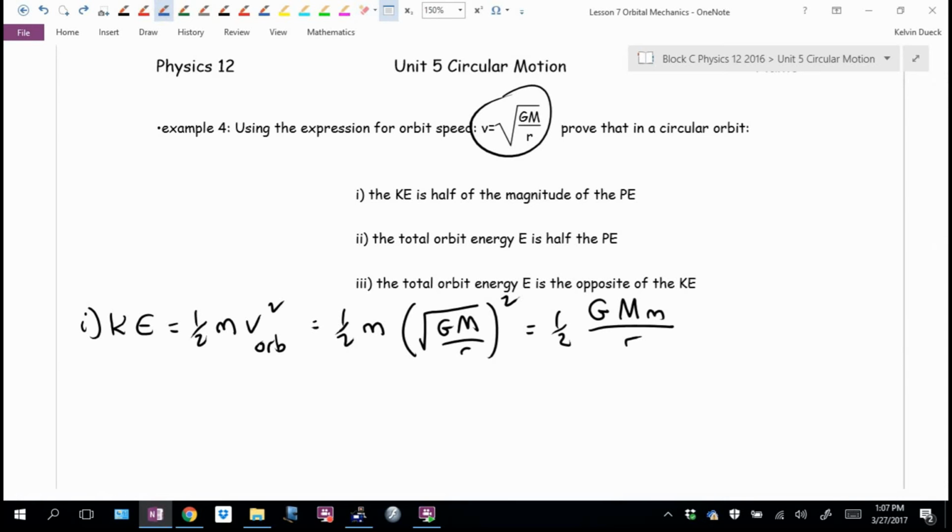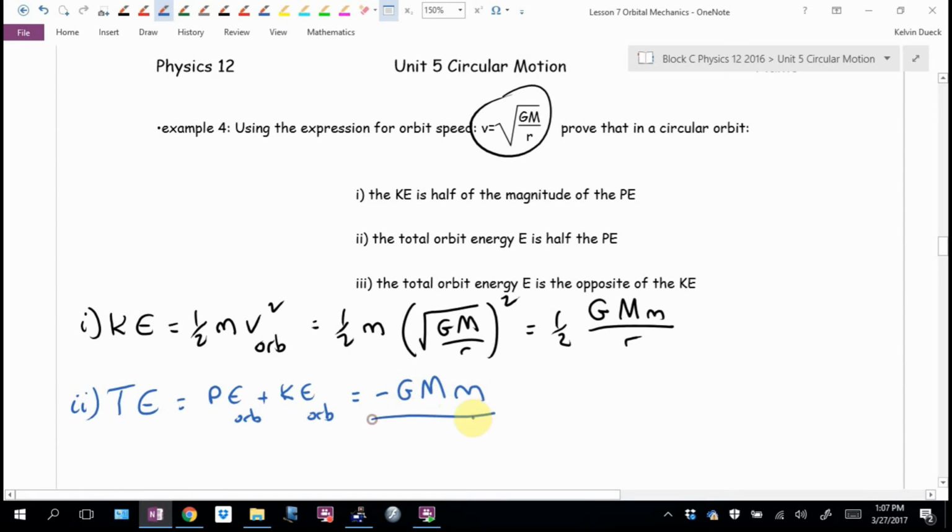Kareem, what does part 2 want me to show? Total. What does total suggest? Mathematically, what should we do for totaling something? So I think I'm going to go PE plus KE, and these are both in orbit. Potential energy in orbit is negative big G, big M, little m over R orb, plus kinetic energy.